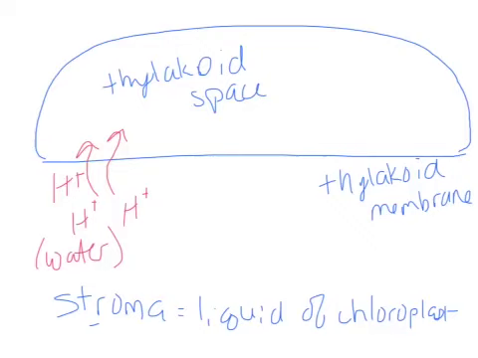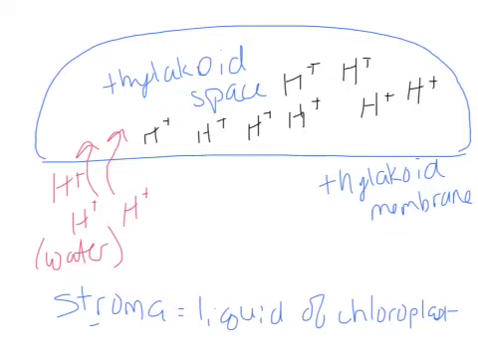I want to build a concentration of hydrogens inside my thylakoid space. So I'm creating, on purpose, a concentration gradient of all these hydrogen ions in the thylakoid space. As the hydrogens get pumped in and I increase the concentration gradient, this concentration gradient represents potential energy.